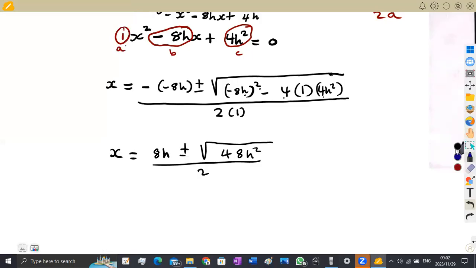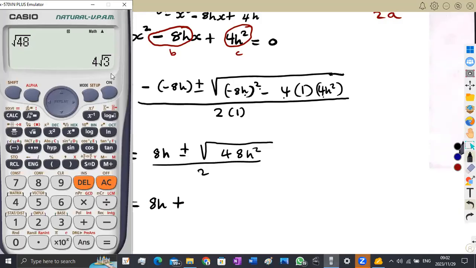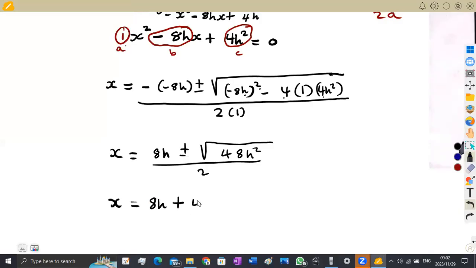So it means you are going to have x being equal to 8h plus, I want you to be careful here. The square root of 48 gave us 4 square root of 3. What about the square root of h squared? This one, we can obtain, the square root of h squared is h. Remember, a square root and a square cancel each other.